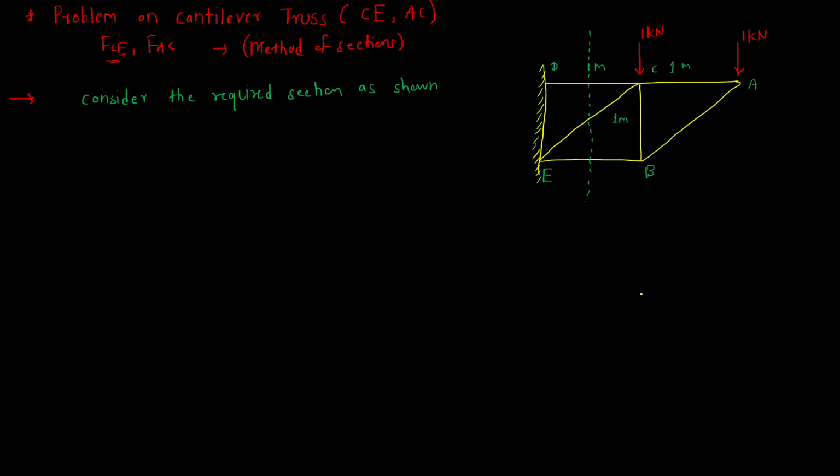Now, by taking this section, I will draw the right hand side part only. The left hand side part I am not considering here. This is 1 meter, and this is not required.